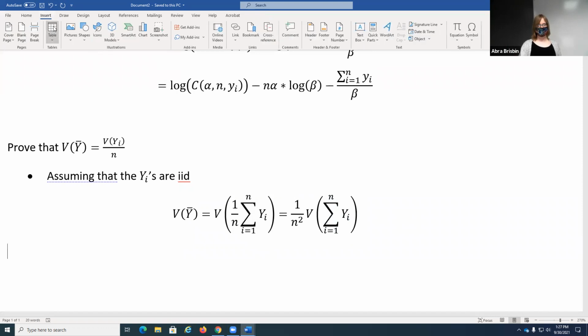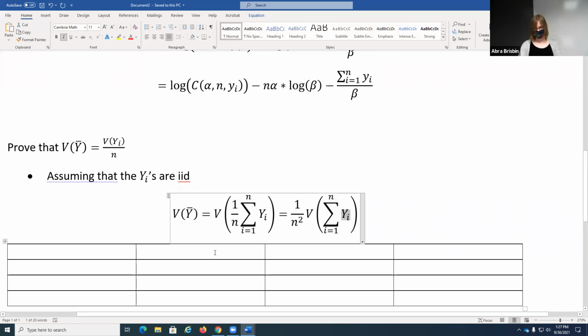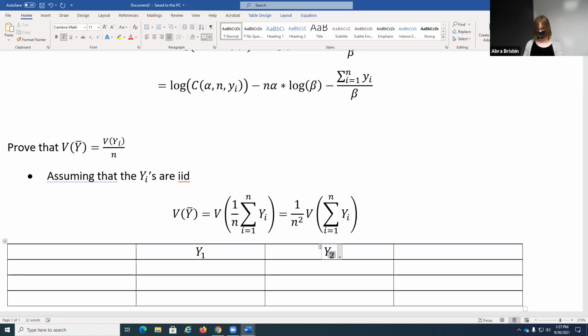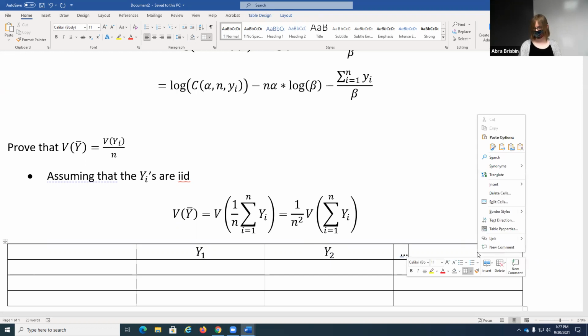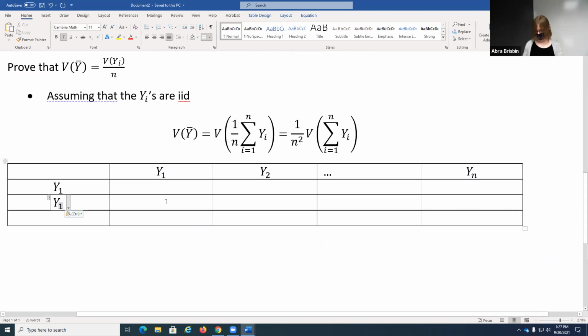All right, let's go ahead and use the table method. So we've got y sub 1, y sub 2, dot, dot, dot, y sub n, and similarly along the rows.